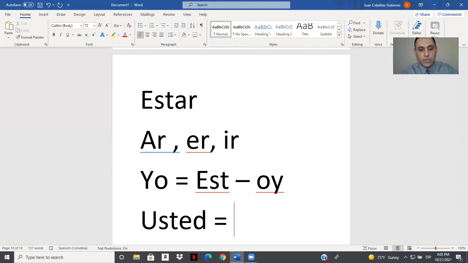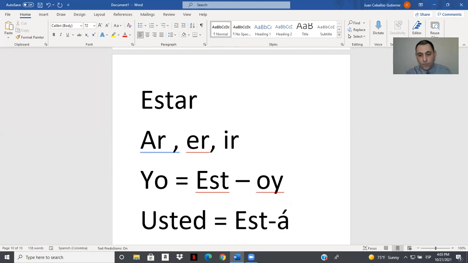So to conjugate the verb estar in the second person, you drop the AR of the infinitive verb and change it for an A. So first person, yo estoy. Second person, formal, remember, formal: usted está.